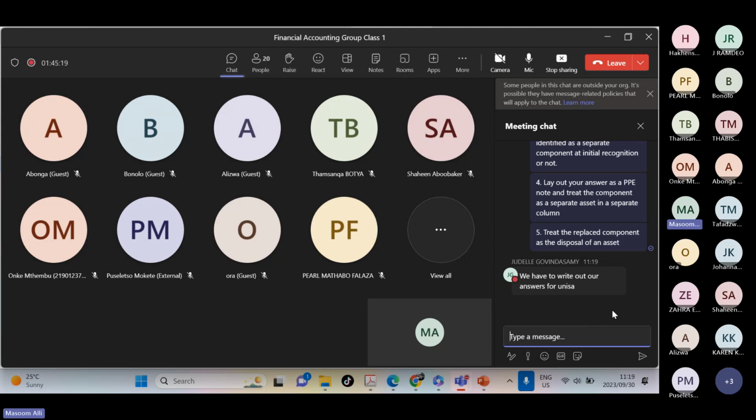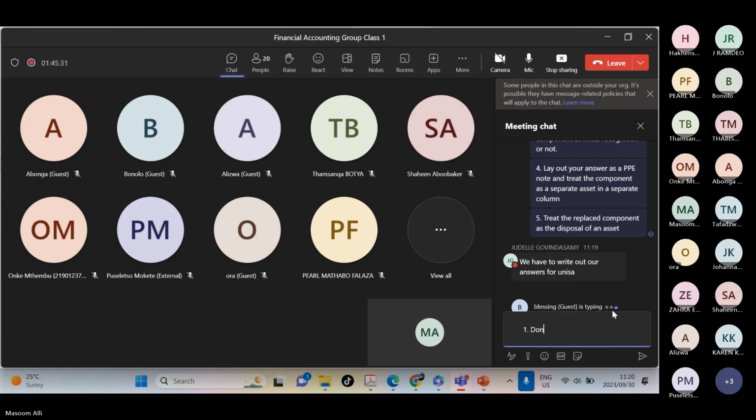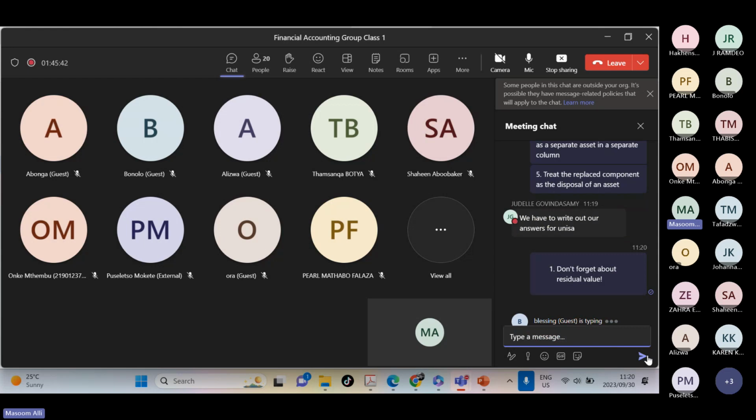Now, on the issue of depreciation, you should be fine. I think at this point you can all follow. The one tip I'll give you is don't forget about residual value. In your depreciation questions, I don't know why, but you don't take this into account.